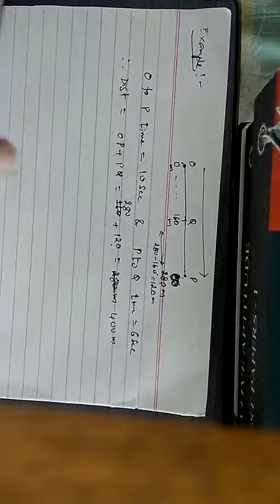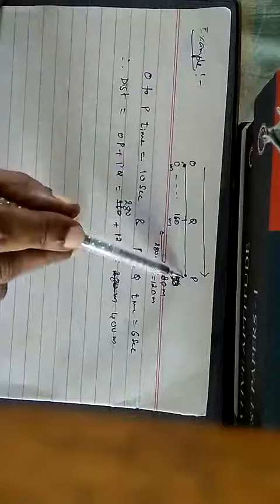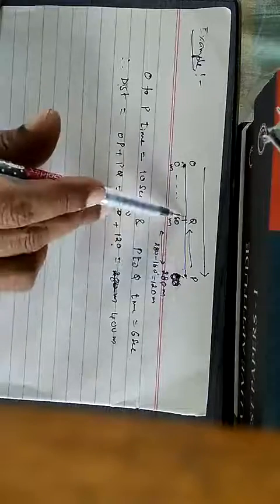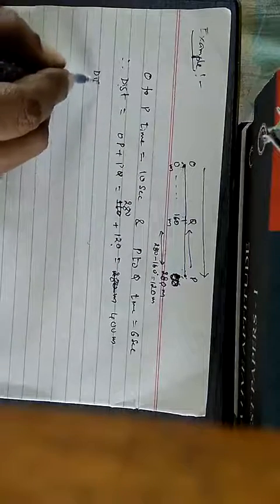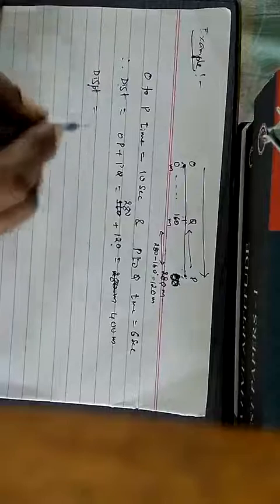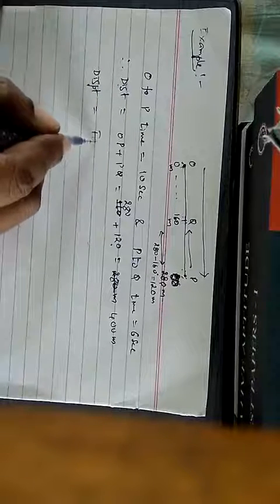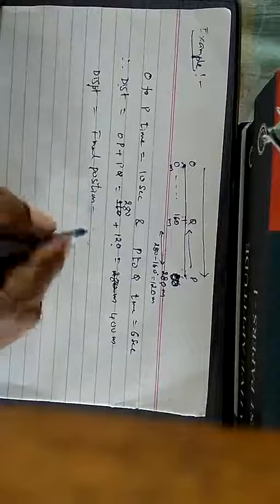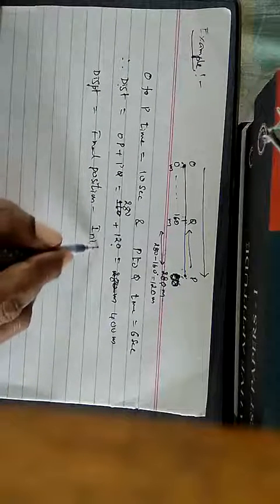I am calculating a body traveling O to P and then P to Q. It is coming and stopping here, so distance is OP plus PQ. Now what is displacement? Displacement is final position minus initial position.